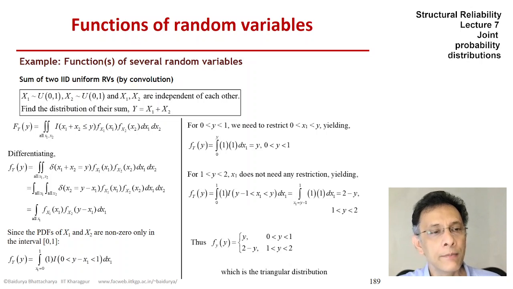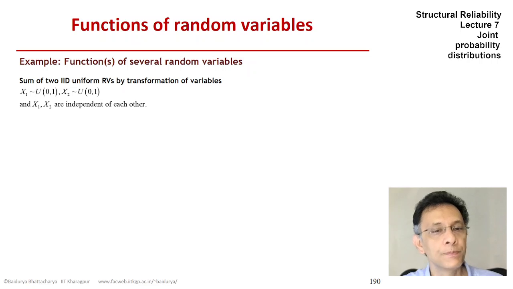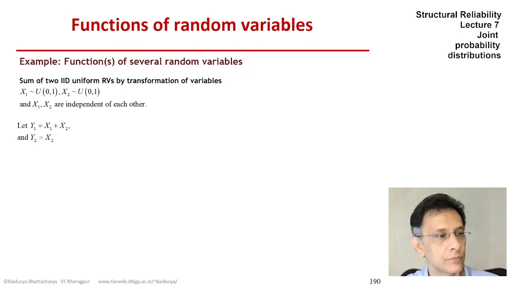Now we'll solve the same problem by transformation of variables, which we looked at a couple slides ago. So it's the same problem, but now we have x1 and x2 on one side and just y on the other side. So we need to introduce one sort of dummy variable, as we discussed, to make the problem 2 by 2.